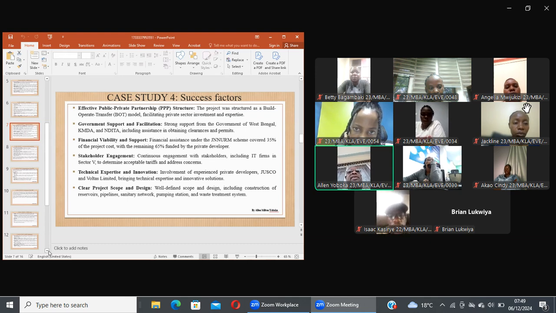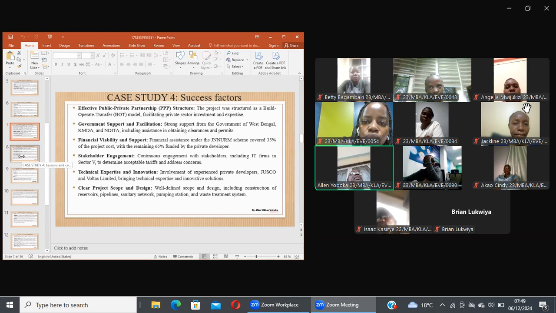Lastly, the technical expertise and innovations from the investors were provided for through flexibility, contrary to traditional public bodies, and this was evident under Nabakingita Water Management Limited. So the above factors contributed a lot towards the success of this project.